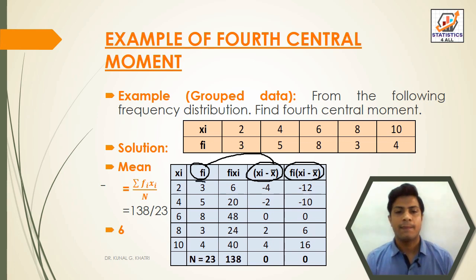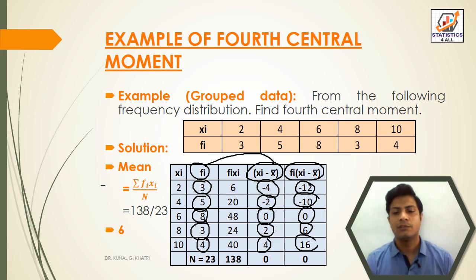Here 3 into minus 4, we get minus 12. 5 into minus 2, we get minus 10. 8 into 0 is equal to 0. 3 into 2, we get 6. 4 into 4 is equal to 16.